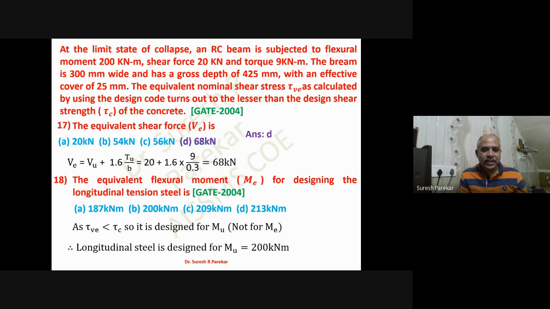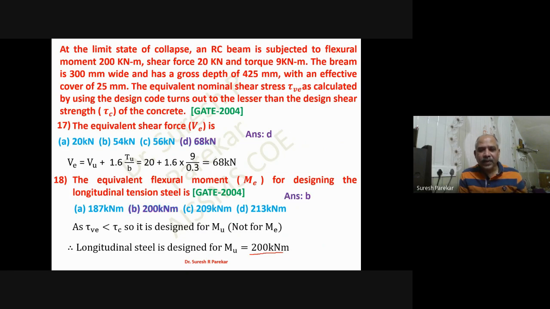So it is designed for Mu, not for Me. So if we calculate values, therefore longitudinal steel is designed for 200 kilonewton meter. So we have to design it for 200 kilonewton meter, which will be option B.